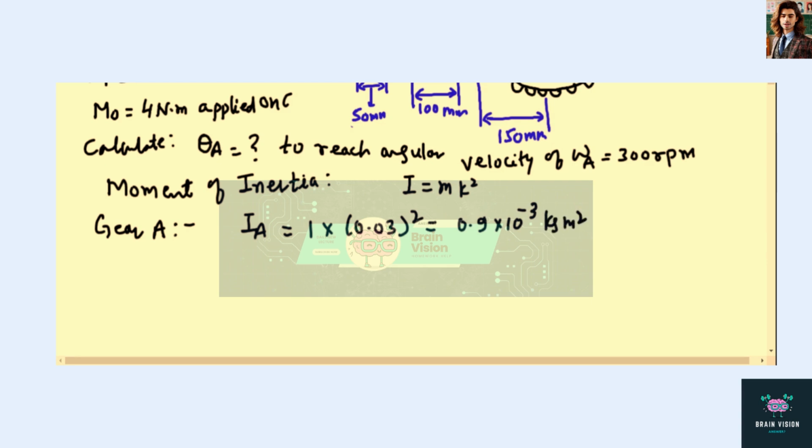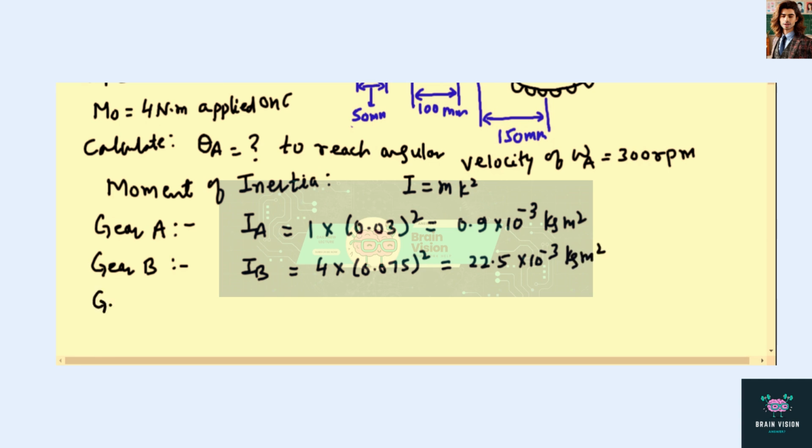For B, the mass is 4 kg and its radius of gyration is 0.075, so the moment of inertia of B is 22.5 into 10 to the power -3 kg meter square.